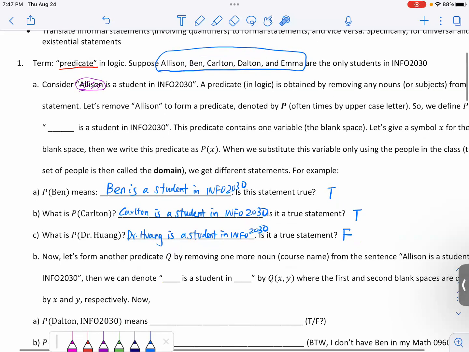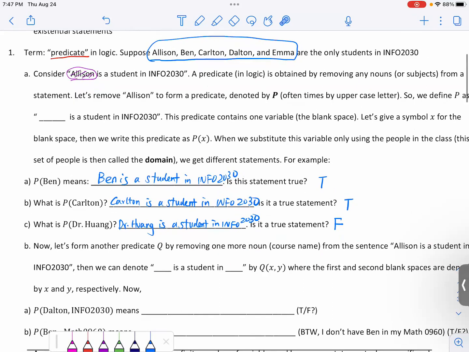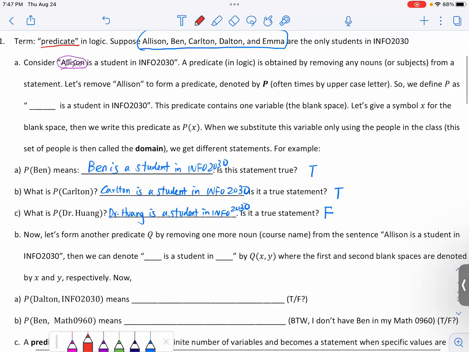Now let's form another predicate Q by removing one more noun, in this case, the course name. So with the original sentence, we are going to remove Allison and replace that with a blank, and then we are going to remove another one, which is the course number, and replace it with another blank.